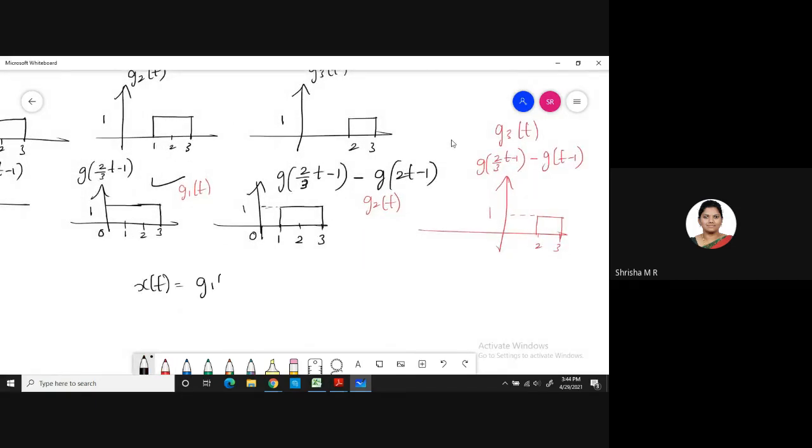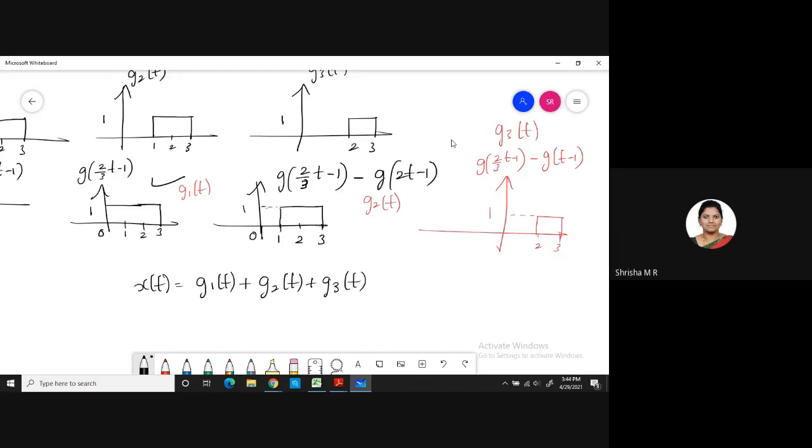is equal to G1 of t. Yes, ma'am, for the G3 of t, we can write G of 2t minus 3. Yes, you can express it like that also.